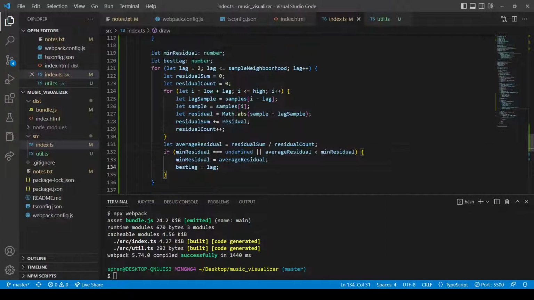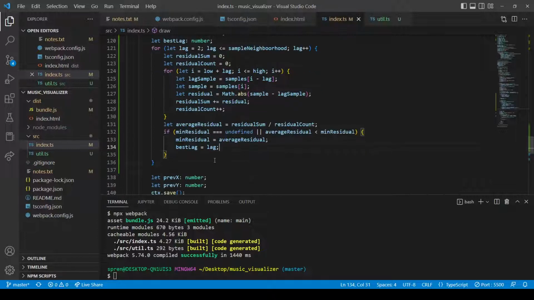Then what happens next? We have the optimal wavelength now, in units of samples. I guess we could convert that to units of frequency.